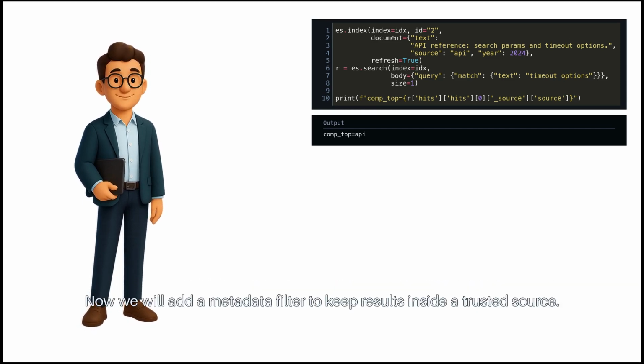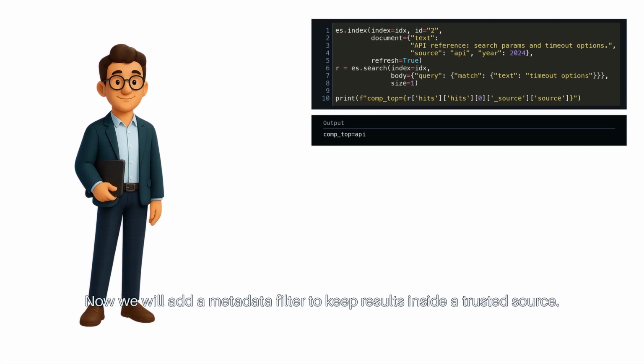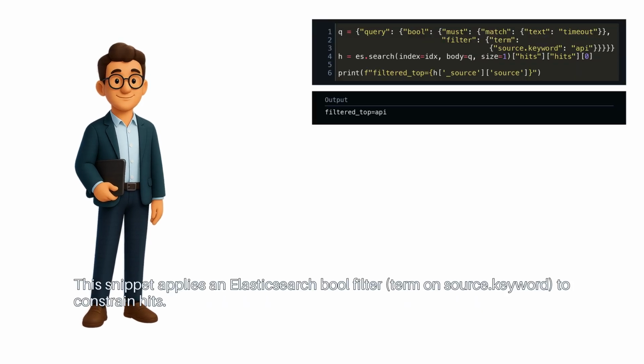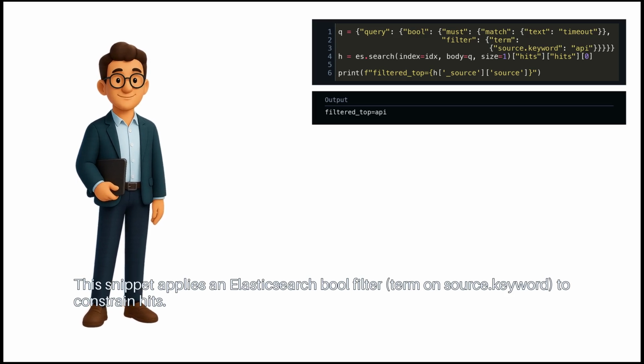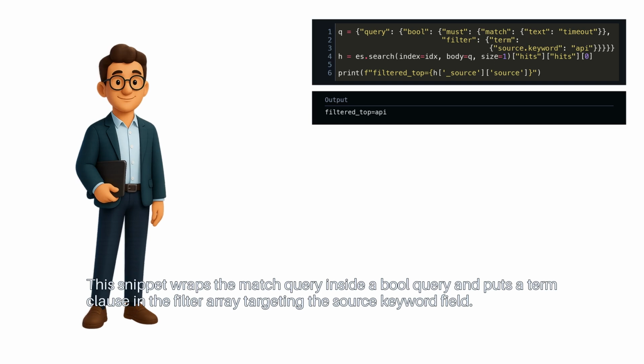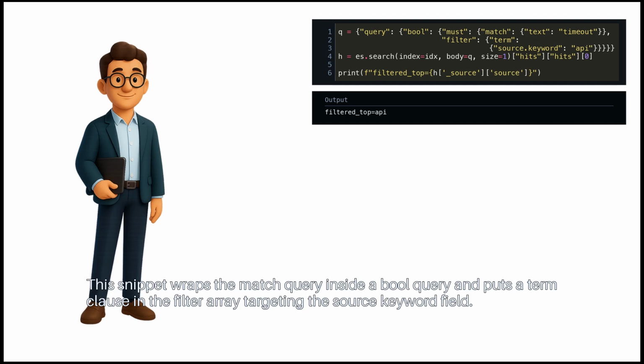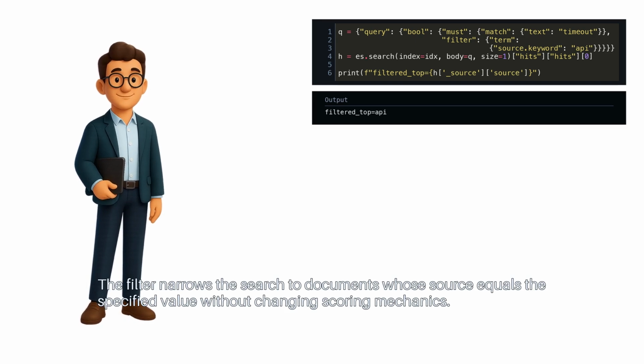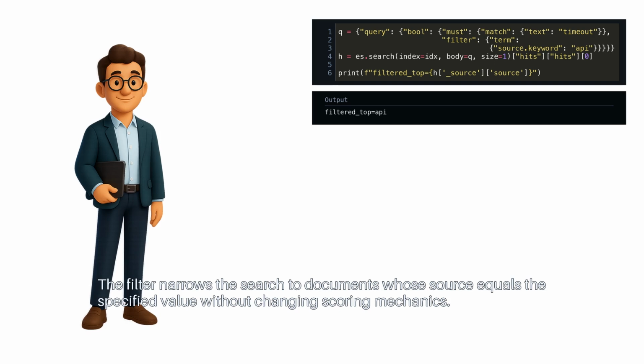Now we will add a metadata filter to keep results inside a trusted source. This snippet wraps the match query inside a bool query and puts a term clause in the filter array targeting the source keyword field. The filter narrows the search to documents whose source equals the specified value without changing scoring mechanics.